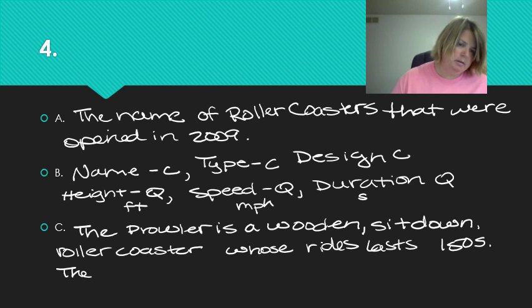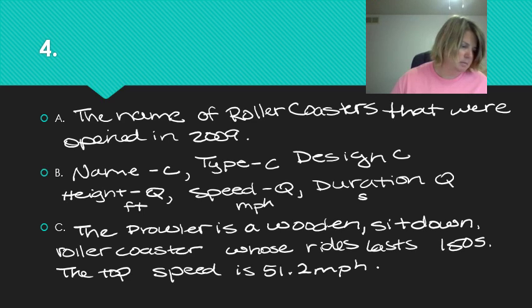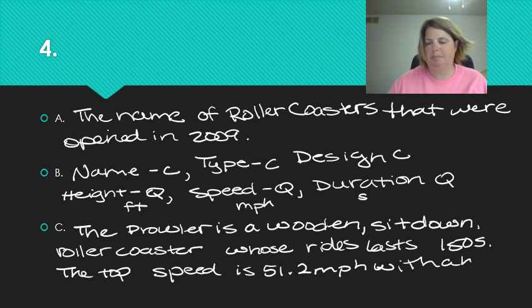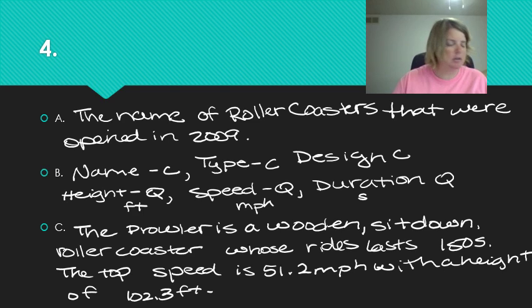The top speed is 51.2 miles per hour. So basically we just tied a sentence in there. Oh, I forgot the height. With a height of 102.3 feet. So basically we're just writing a couple sentences that include all of the different variables with the data included on that type of roller coaster.